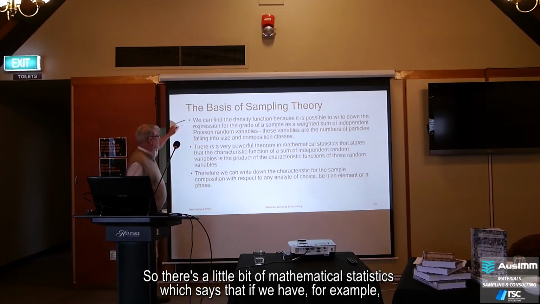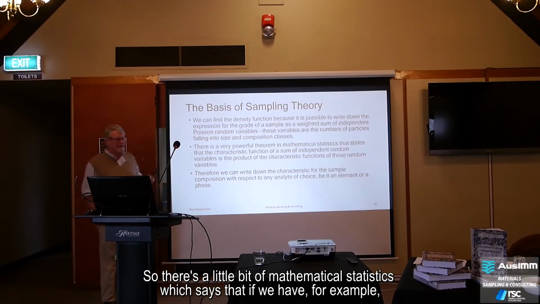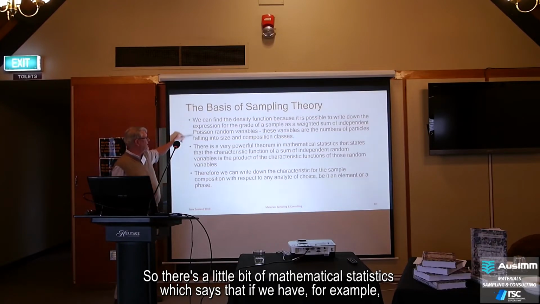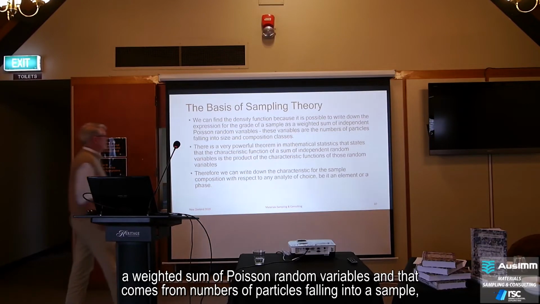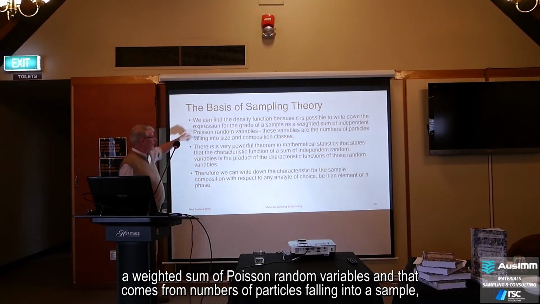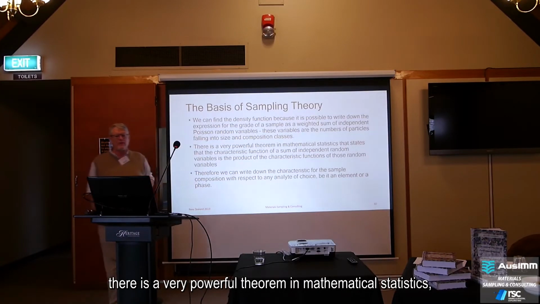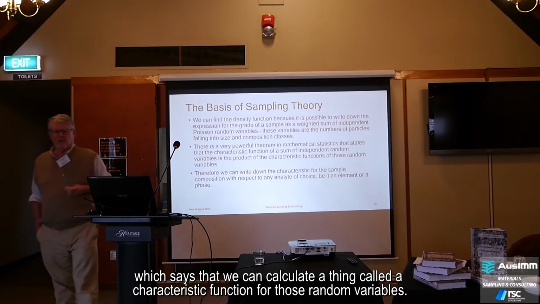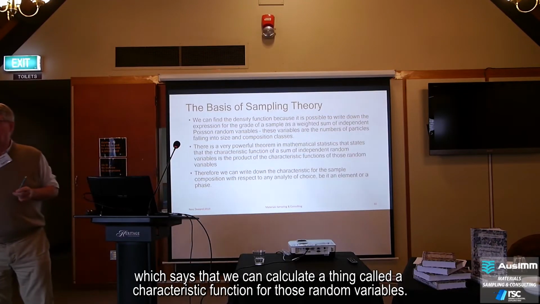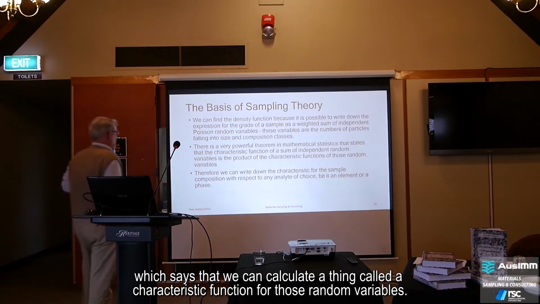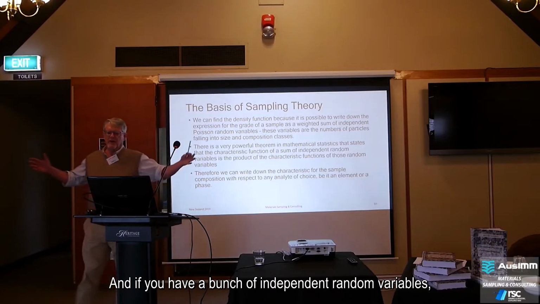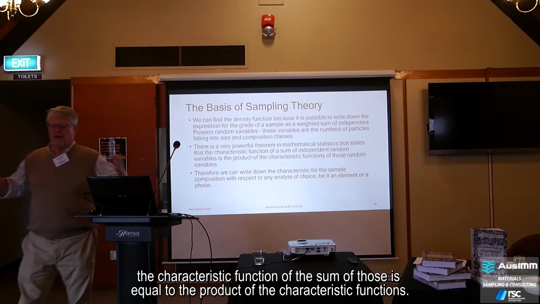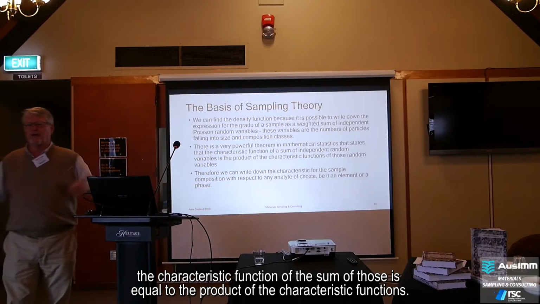There's a little bit of mathematical statistics which says that if we have, for example, a weighted sum of Poisson random variables, and that comes from numbers of particles falling into a sample, there's a very powerful theorem in mathematical statistics which says that we can calculate a thing called a characteristic function for those random variables. If you have a bunch of independent random variables, the characteristic function of the sum of those is equal to the product of their characteristic functions.